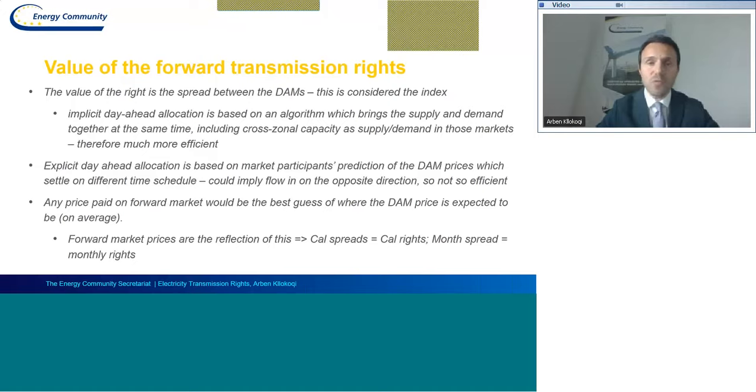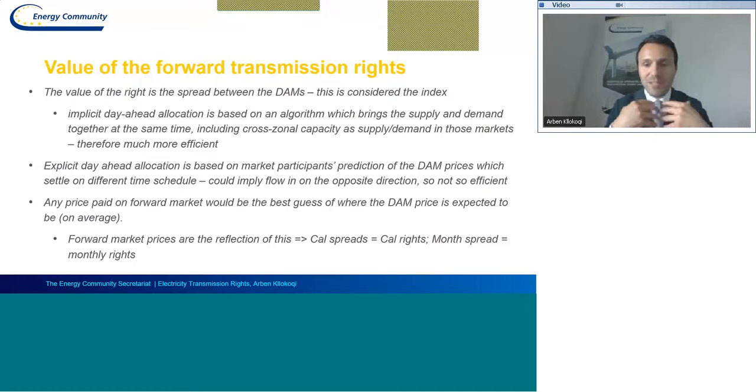On the day-ahead basis, when we don't have a market coupling, we have explicit day-ahead allocation. This is where market participants, when they buy the day-ahead capacity separately, try to assess what the prices in both zones will be, so that they can bid for day-ahead capacity. To the extent that they have a good prediction, this can be very efficient, but we know that not in all cases they get it right, and therefore sometimes we have flow in the opposite direction.